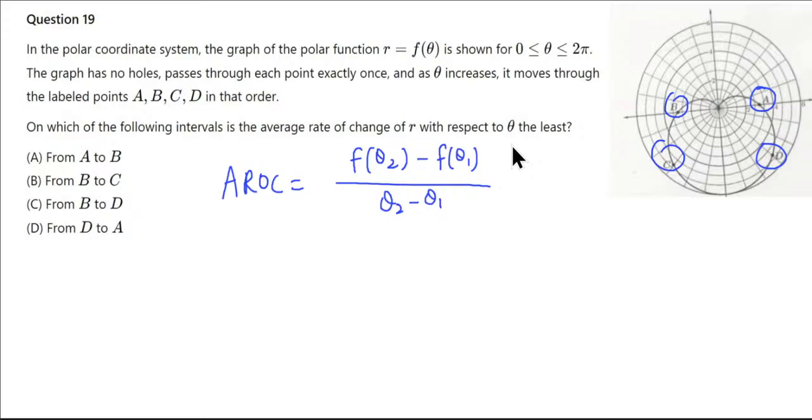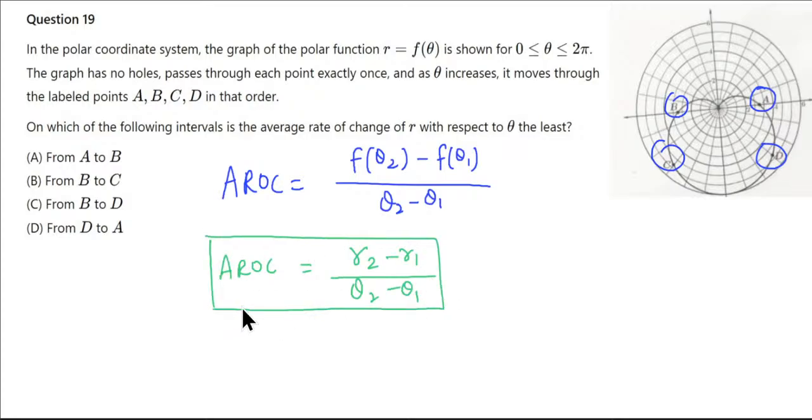So you don't really have to look for the coordinates. There is a trick over here, because f theta is, after all, the r value, right? So can I write this as r2 minus r1 over theta 2 minus theta 1? So this is how the AROC looks.